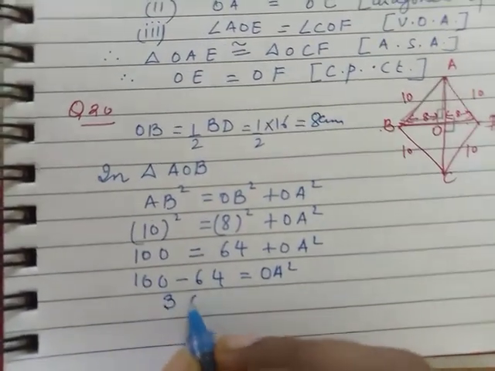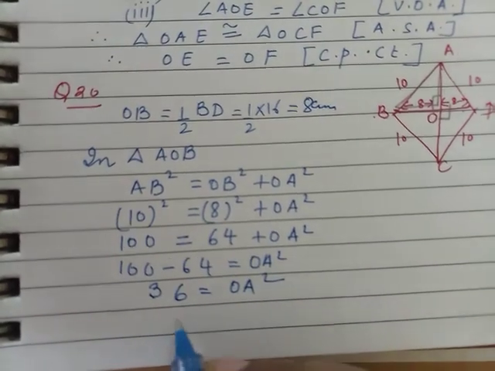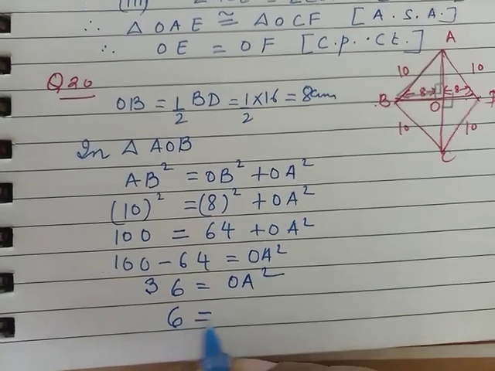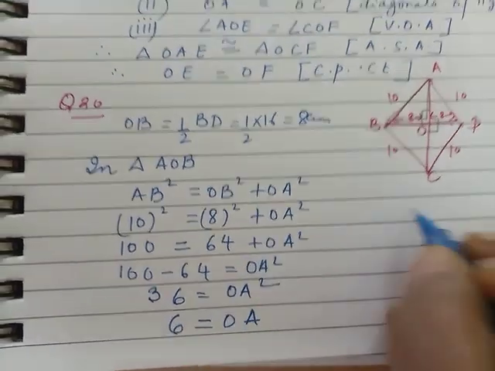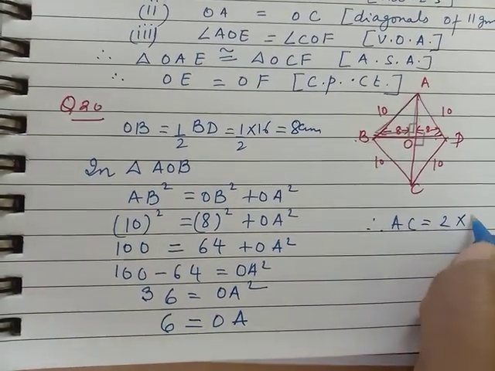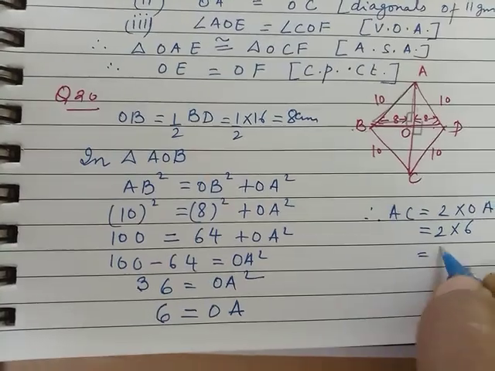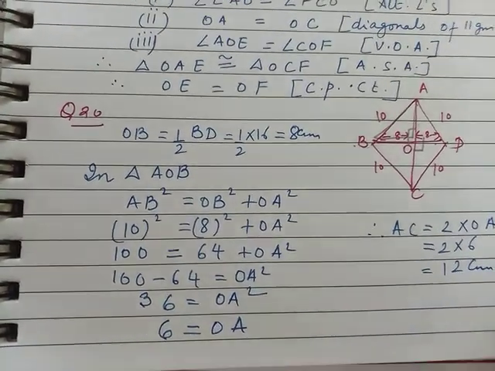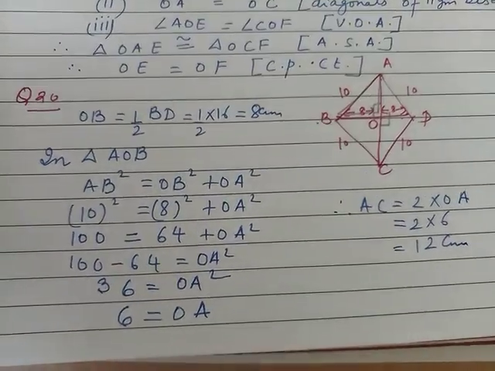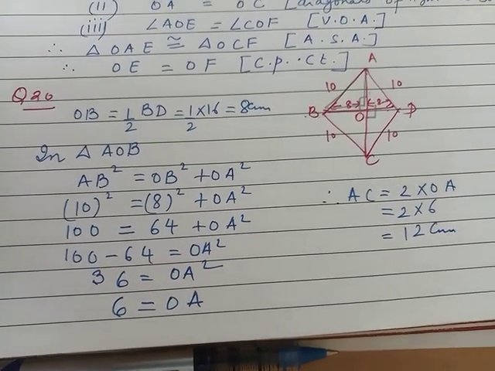This gives you 36 is equal to OA square. We know very well 36 is the square of 6. Therefore OA is equal to 6. Therefore AC is equal to 2 into OA, that becomes 2 into 6, that becomes 12 centimeter. Okay children, so this way I conclude exercise 17B.